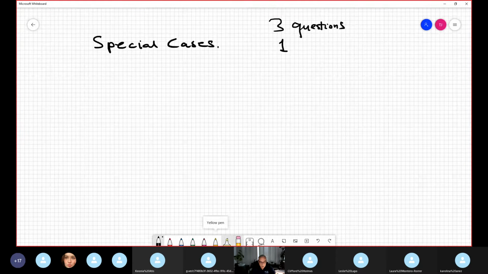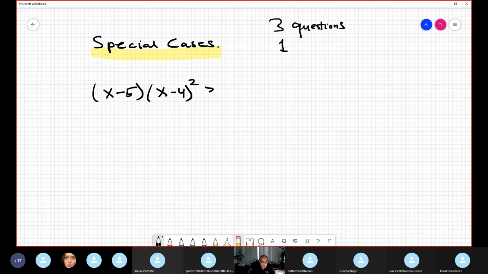It's special exactly when you have an even exponent. Suppose this case: x minus 5 times x minus 4 squared greater than or equal to 0.